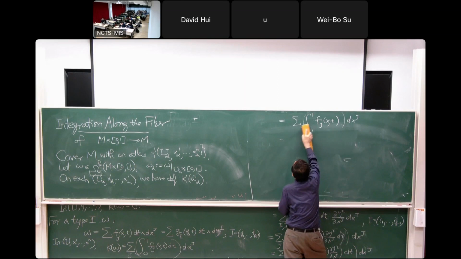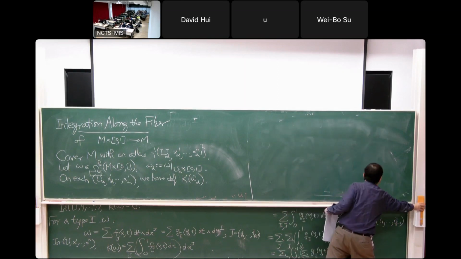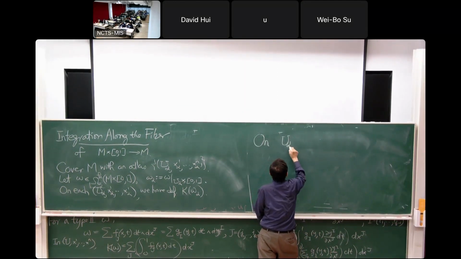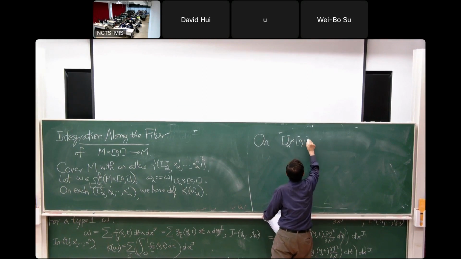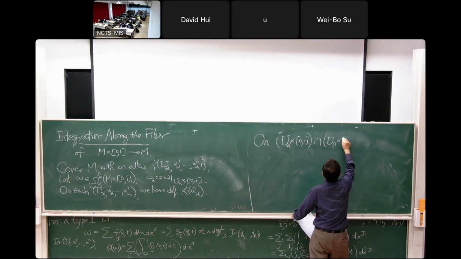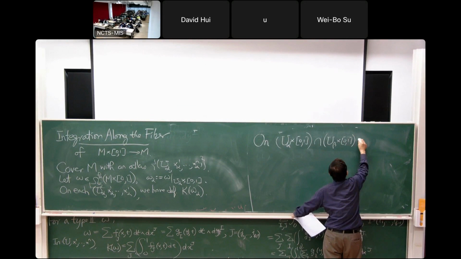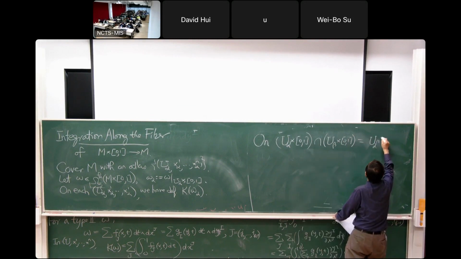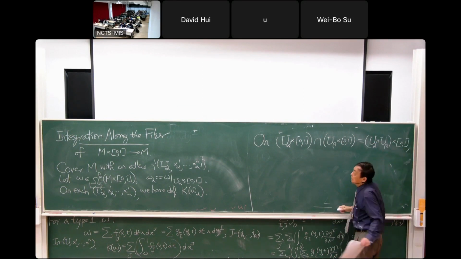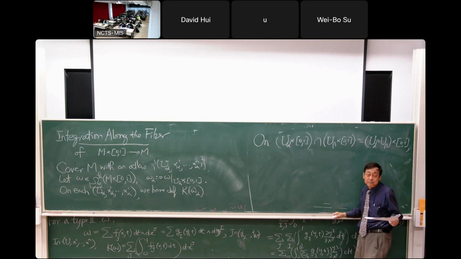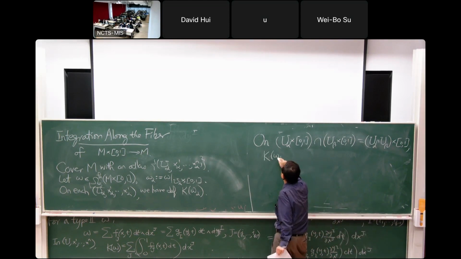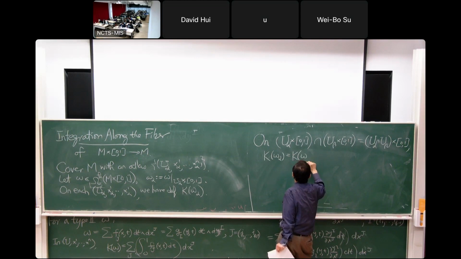And then on the intersection, on U alpha cross 0, 1 intersect, say, U beta cross 0, 1, which is the same as U alpha intersect U beta cross 0, 1, we have two coordinate systems, but we know that they agree. K omega alpha is equal to K omega beta.